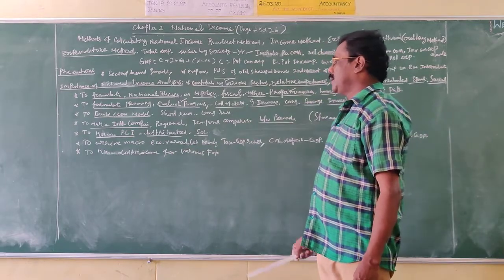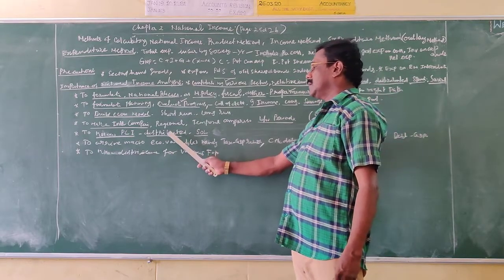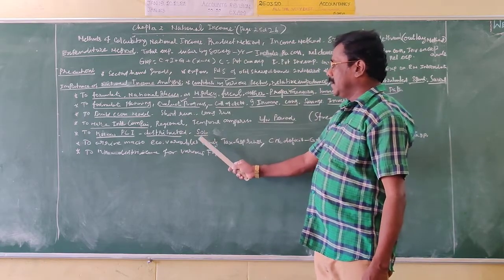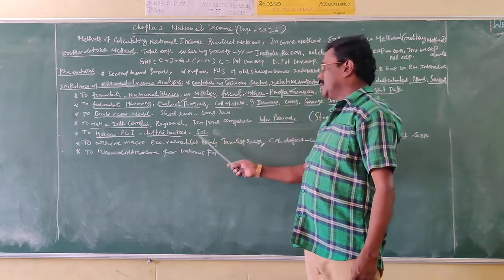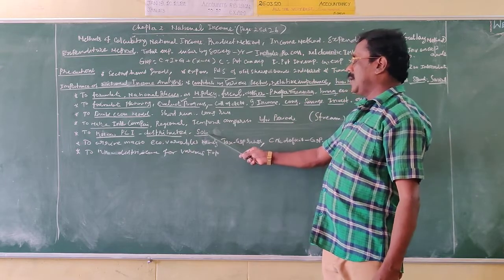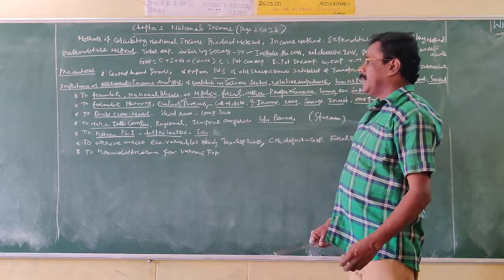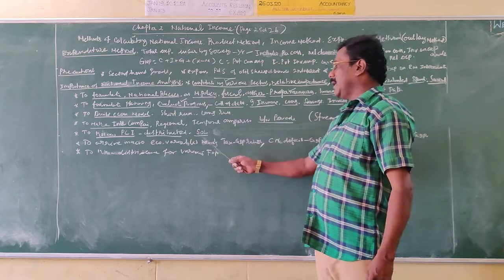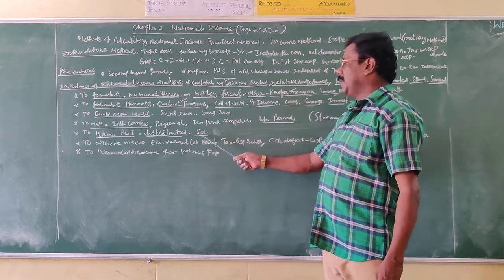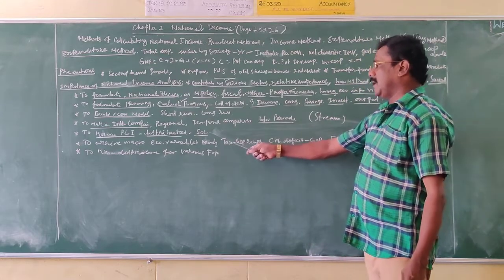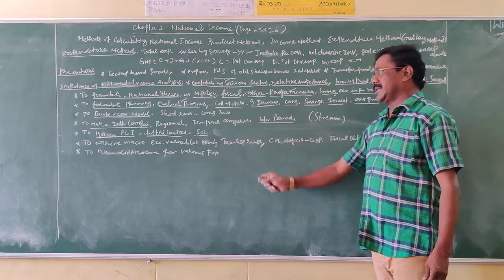How much it should be distributed among the society. And with the help of the per capita income, we should know about the standard of living of the people. Depending upon the per capita income, if the per capita income is more, it means the people are enjoying more benefit and the standard of living of the people has increased.